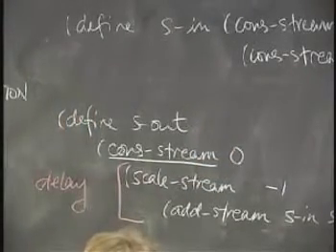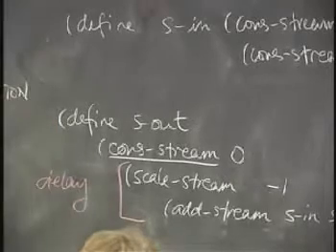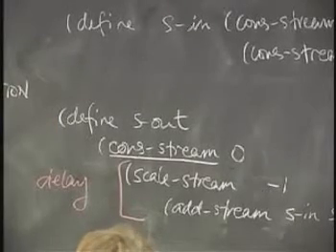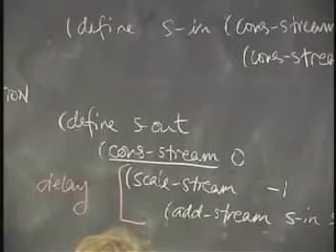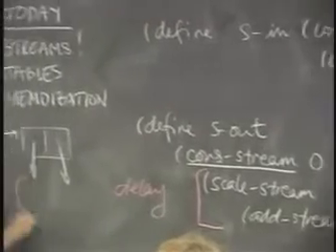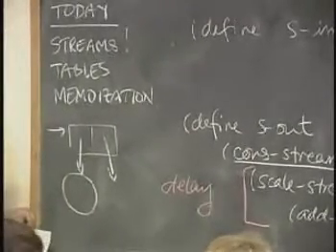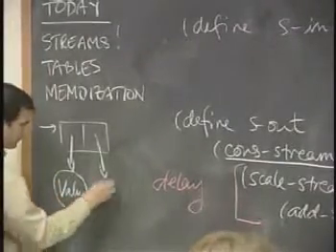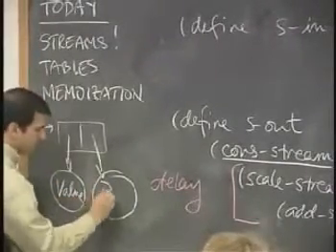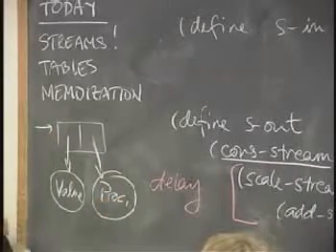So the secondary idea here is that in a stream you have two elements to a stream. The first element is the constructed value. And the second element is a procedure to construct the rest of them.